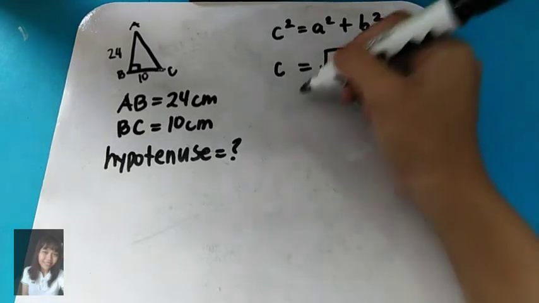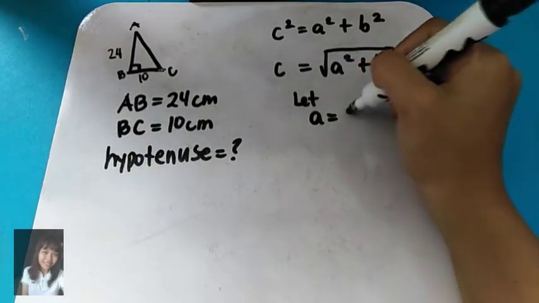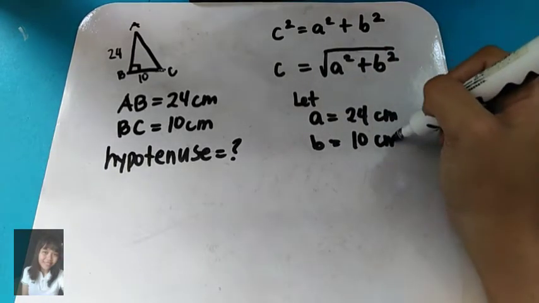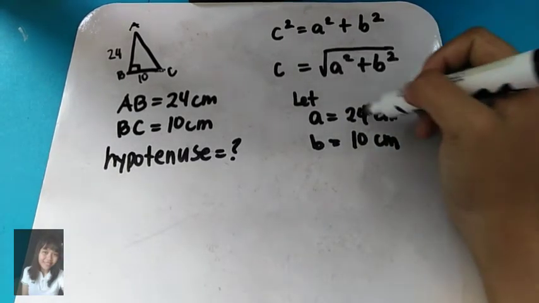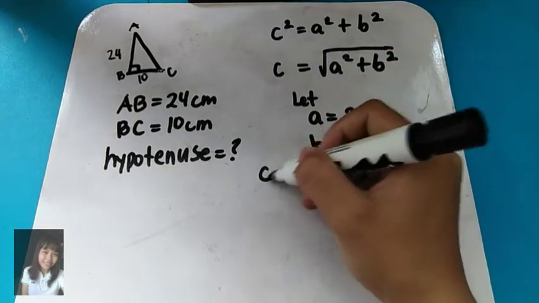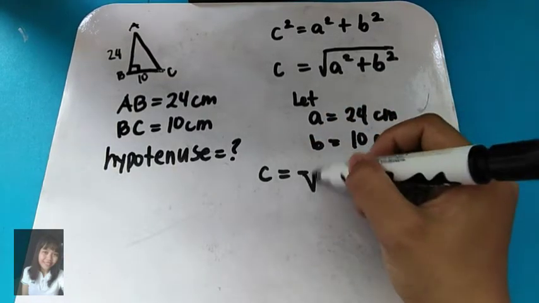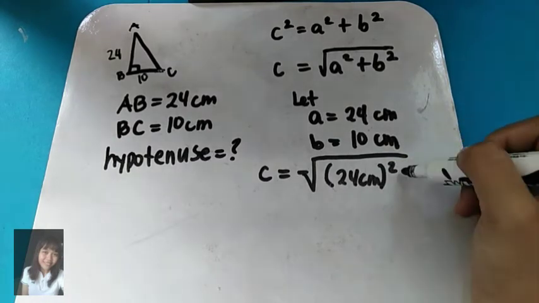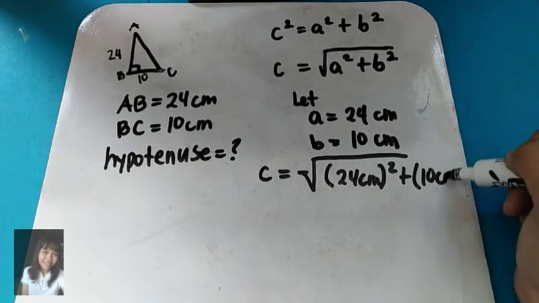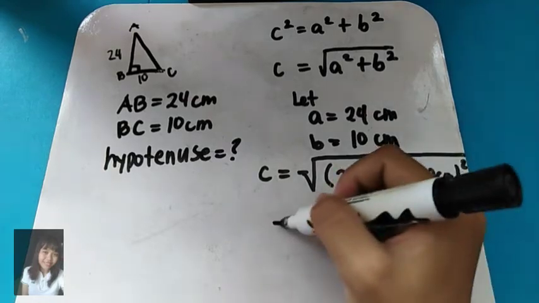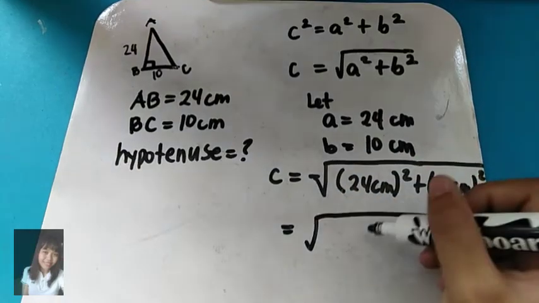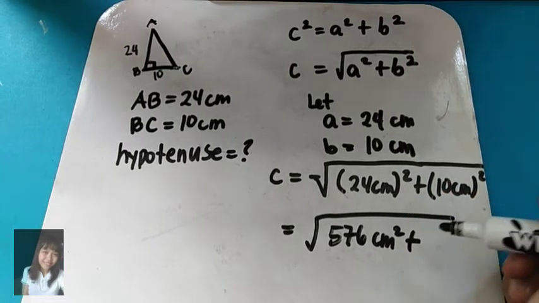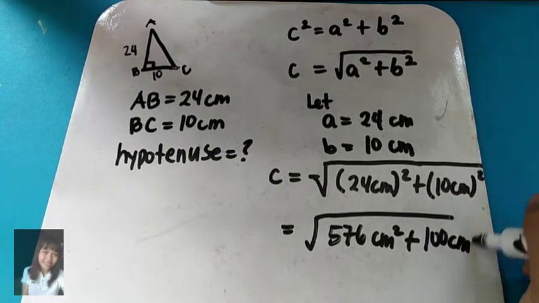Based on the given, we let a be 24 centimeters while b is 10 centimeters. So we will now substitute these values into our formula. Therefore, c is equal to square root of a, which is 24 centimeters squared, plus b, which is 10 centimeters squared, is equal to 576 centimeters squared plus 100 centimeters squared.